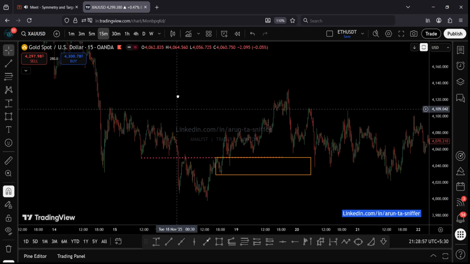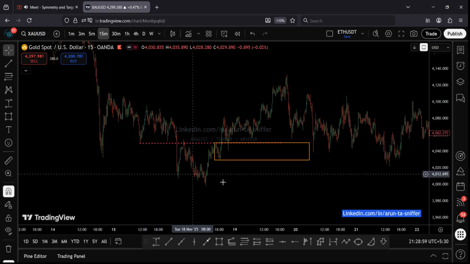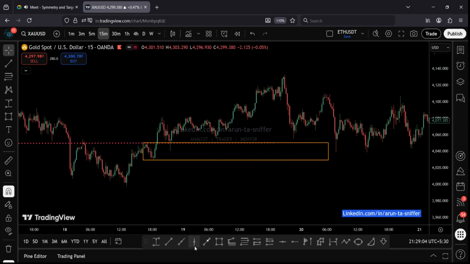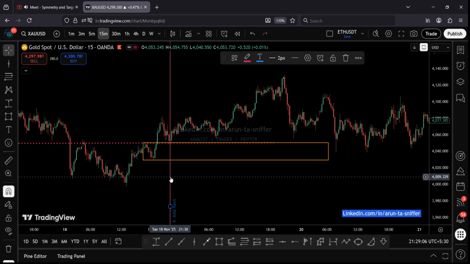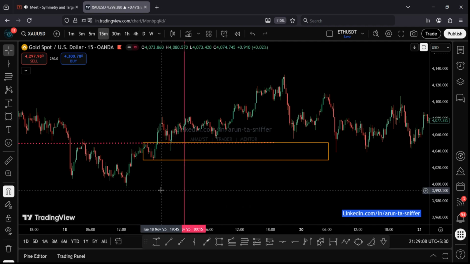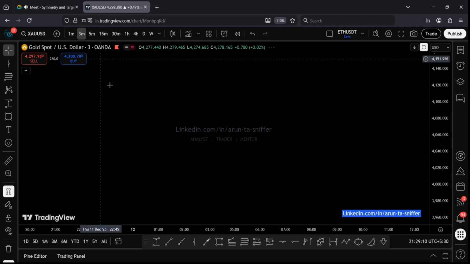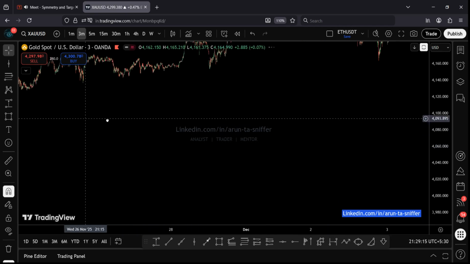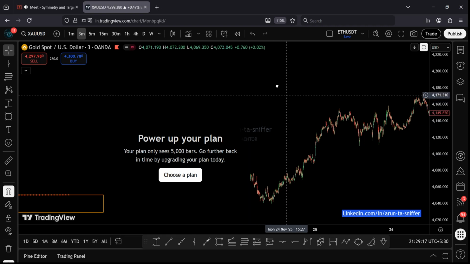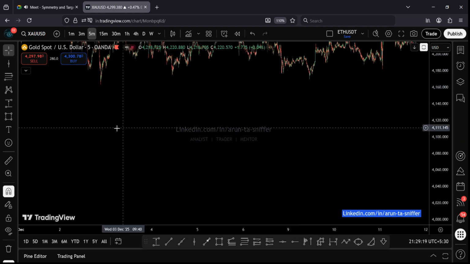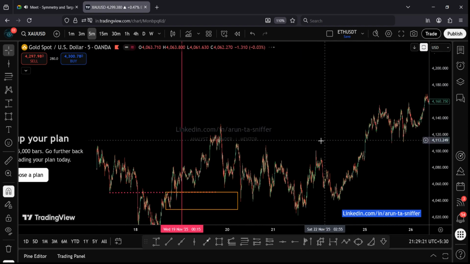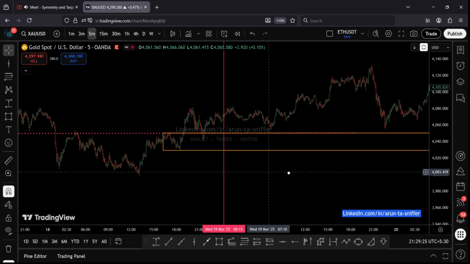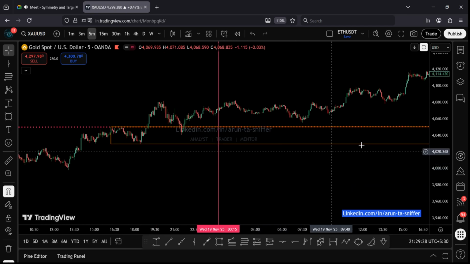For example, what we are doing here: we are at the 15 minutes time frame, so let's go to the 3 minutes time frame and see if data is available here. No, let's go to 5 minutes. Yes. Okay, so let's find an entry on the lower time frame.